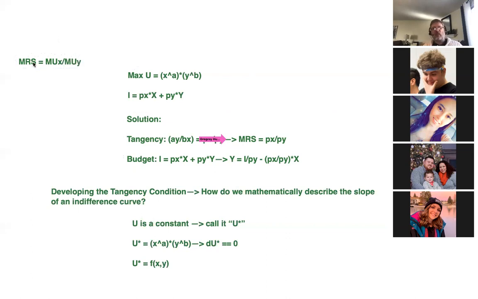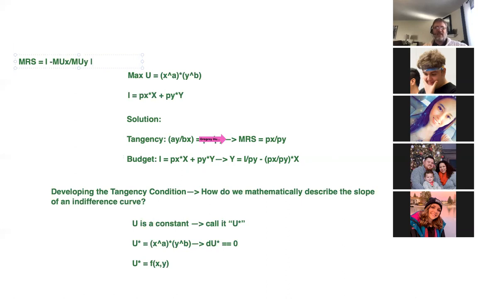The MRS is the slope of the indifference curve, but one of the things that's a little bit of a pain, and you have to pay attention to this on some of the problems, because in Aleks they're explicit, is that remember, the slope of the indifference curve is actually minus MUX over MUY, and the marginal rate of substitution is the absolute value of that.